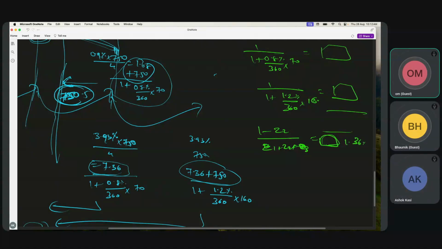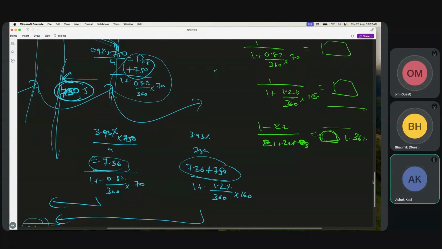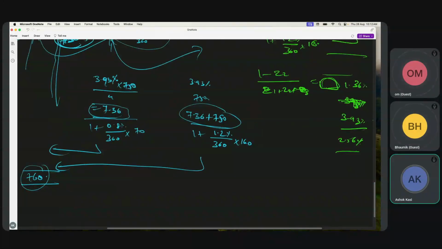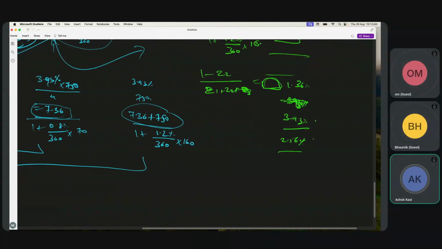That 1.36, then you calculated here it is 3.93 percentage. I got the difference as 2.56. Then after this, what did you do? After this, I multiplied it with the notional principal, which is 750.